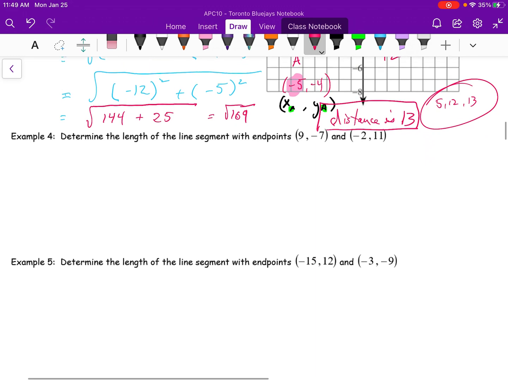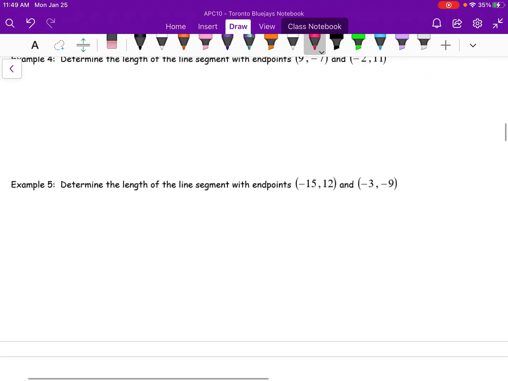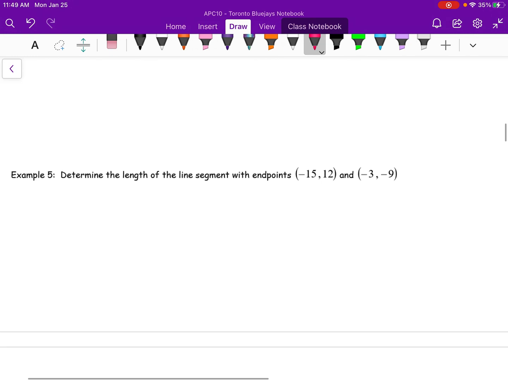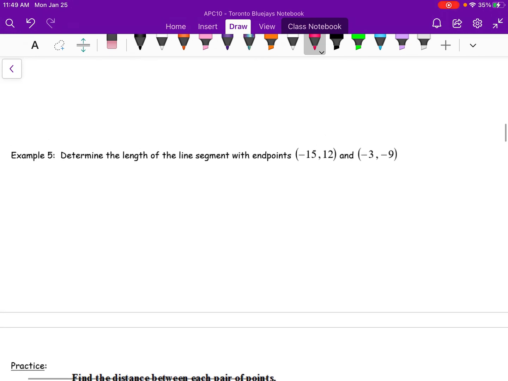Let's move on. I'm only going to do one of these examples. Why not? Let us do example number 5. I'm going to call this point A and this point B. Does it matter which one? Definitely not, as long as we stay consistent. I'm going to call this xa, ya, xb, yb. I have my formula for distance, and by the way, you have it too on that separate piece of paper that I've asked you to write it on.